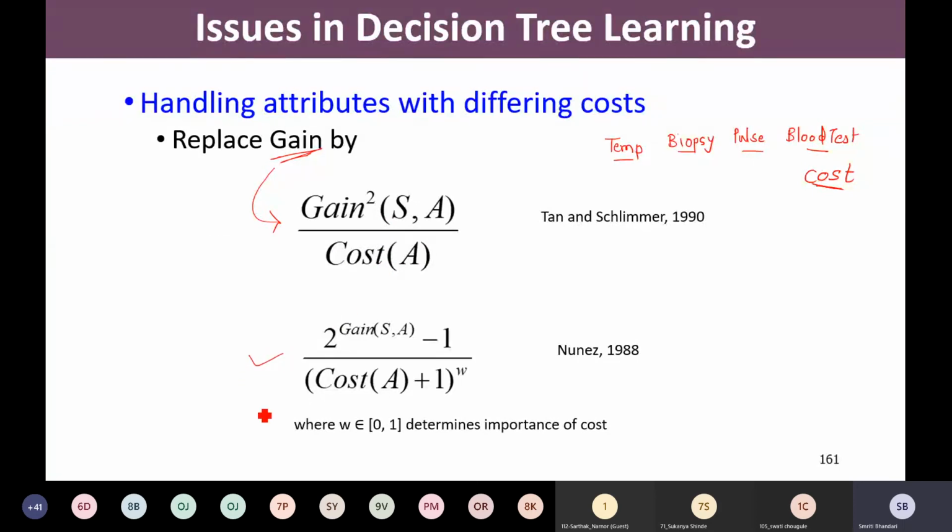Or sometimes we may make use of this other one. The only essence is that if my data set has costs associated with different attributes, I may replace my original gain parameter with such expressions. That's all. We are not going into the details, right?